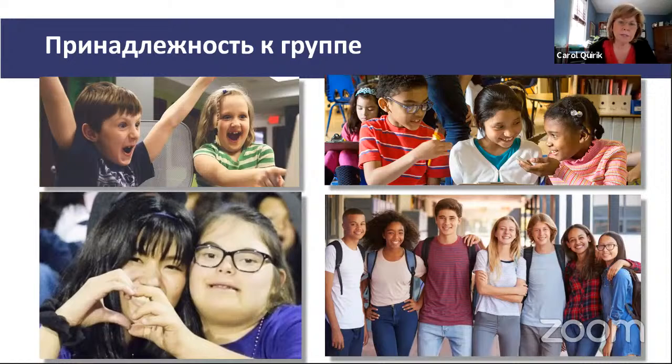So one of the things we need to think about if we want our students with disabilities to be academically successful is to create an environment where they feel like a valued member of their class and of their school. They're called by their name and not by their disability label.